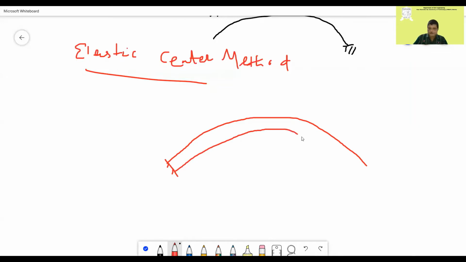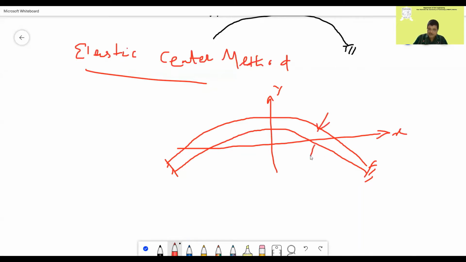Let this be your y-axis and this is your x-axis. The thickness of the arch is taken as 1 by EI. This center is called the elastic center O. The elastic center O is defined as the centroid of the analogous column section.